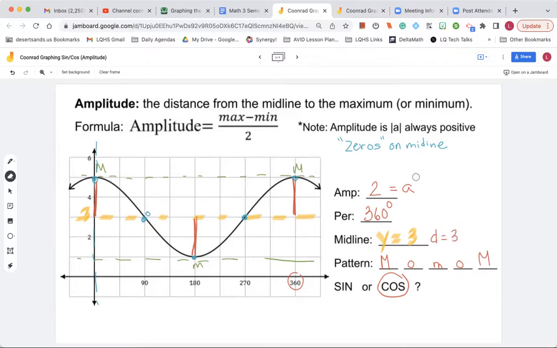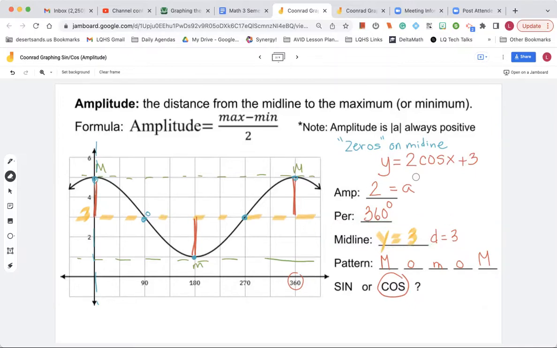So it kind of writes itself, and we would write y equals amplitude of 2, cosine because of the pattern, x because the period hasn't altered at all. So the B is 1. And then we know we went up 3, so we write plus 3 because of this midline right here. And you're done. That's all you have to do.